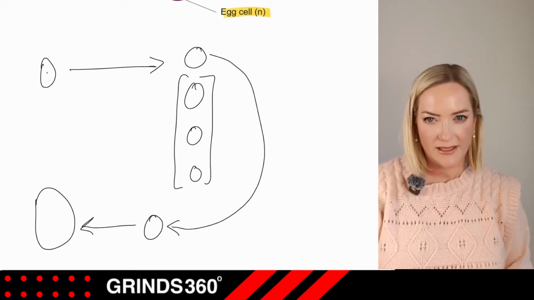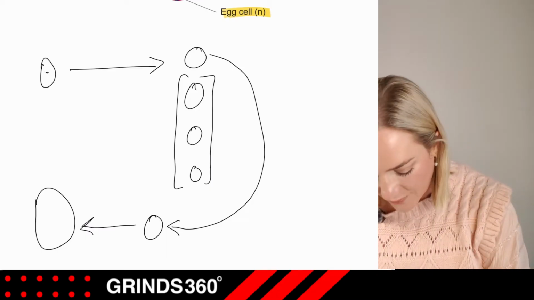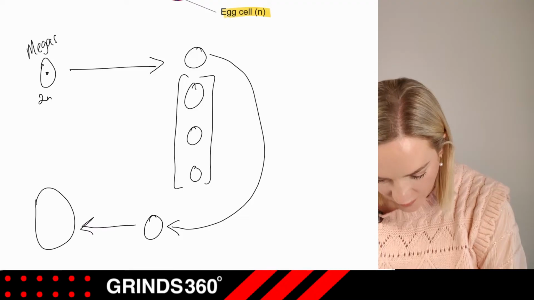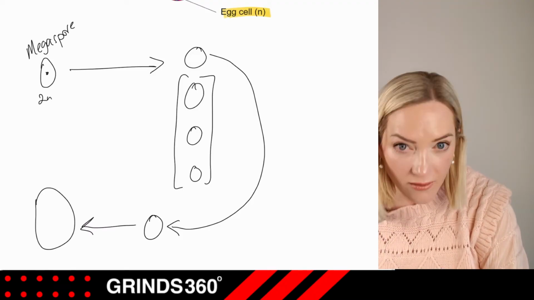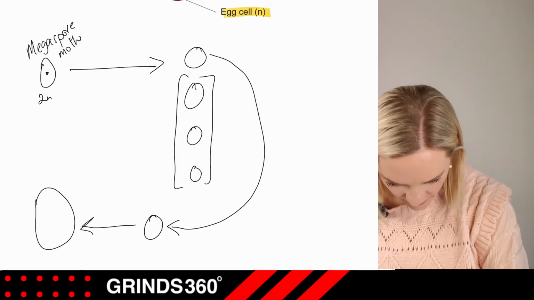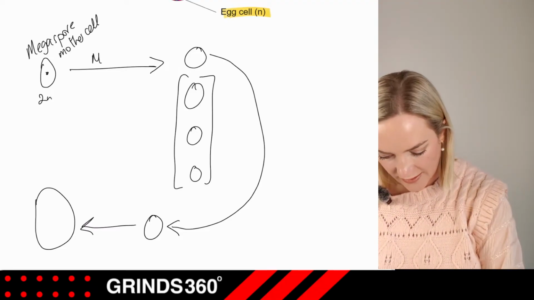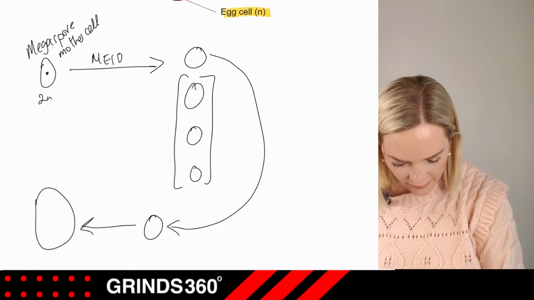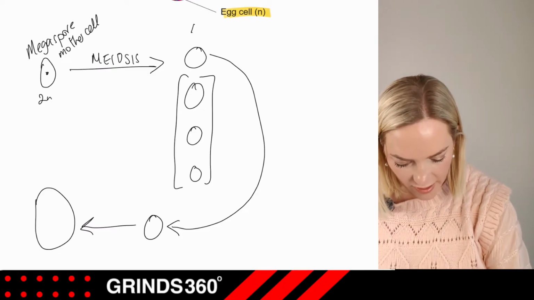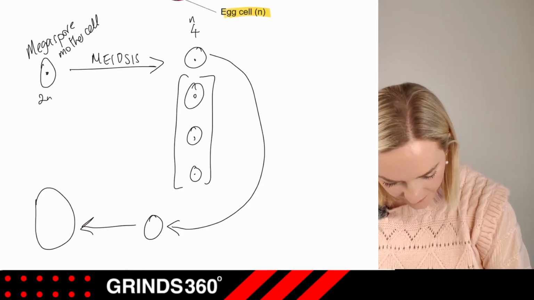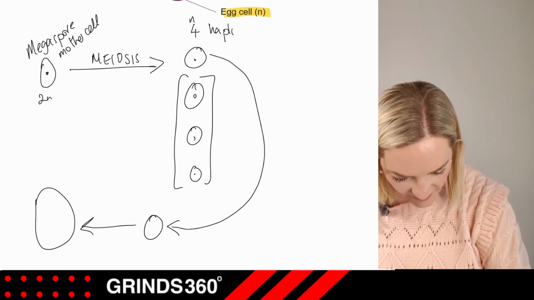So that's my drawing first, and now I'm going to label. So here's my megaspore mother cell, which is diploid. This is going to divide by meiosis. Here are my 4 haploid cells.